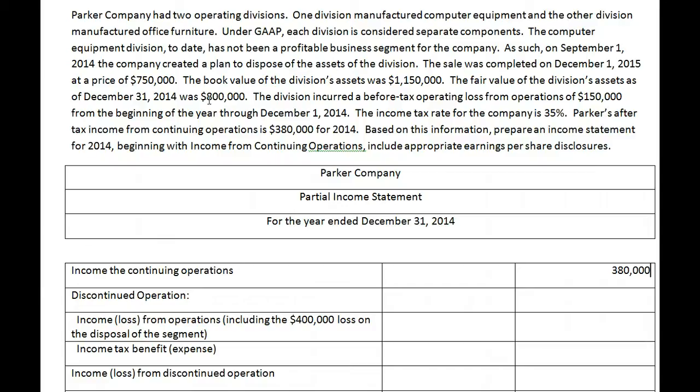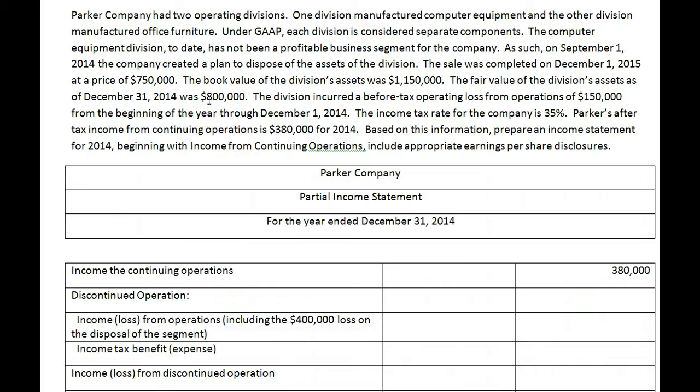So in other words, if you look at all the assets and you find out that the net assets has a fair value of $800,000 in this case, but you're carrying them at a book value of $1,150,000, that means they're impaired. The book value exceeds the fair value. They are not worth the amount that we're actually carrying them at. So we have to include an impairment loss on our income statement.